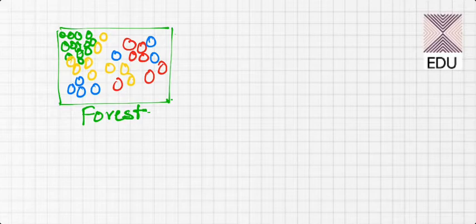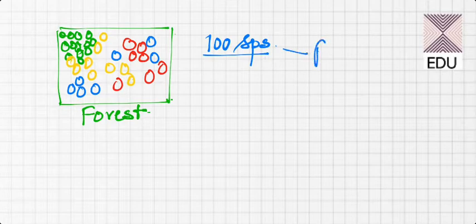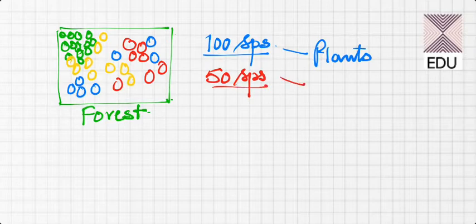Now if I take the number of plants in this forest, suppose we have 100 species of plants, and 50 species of animals.